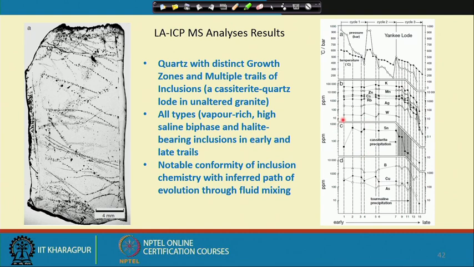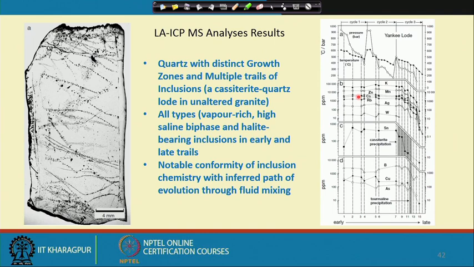These days it is also possible, and this is just one such example, there are many such case studies of application of this technique to many ore deposits, where inclusions are ablated and analyzed from the ore minerals as well as the silicate gangue associated with them, and the difference in the fluid characteristics is also brought out, and many very important conclusions are arrived at by such studies.